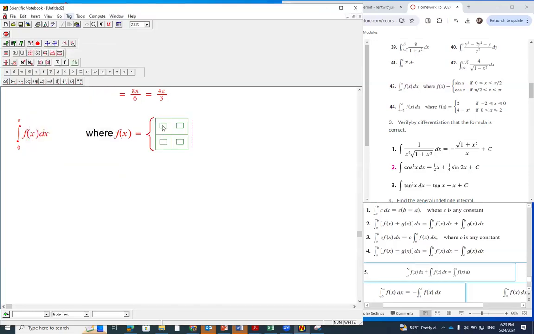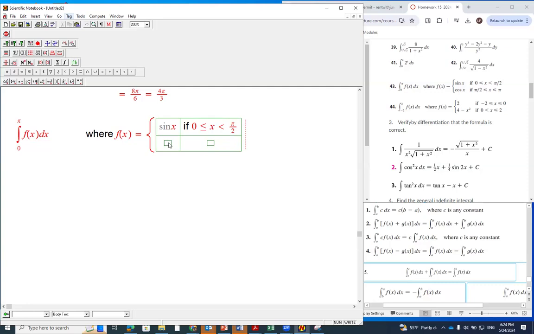Between 0 to pi over 2 it is sine x, if 0 is less than or equal to x and less than pi over 2.